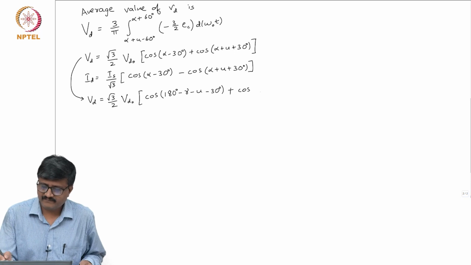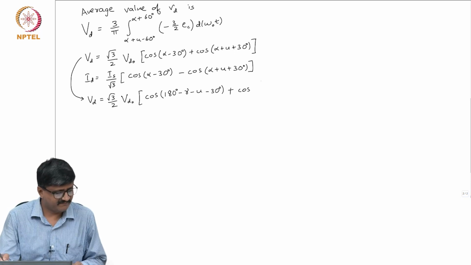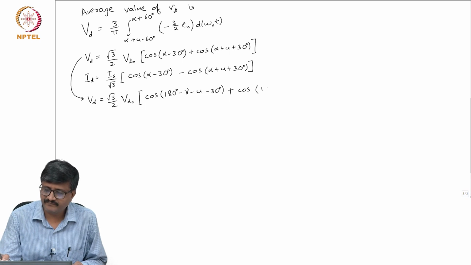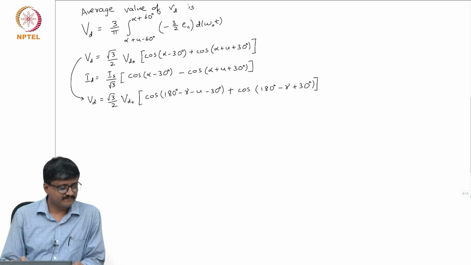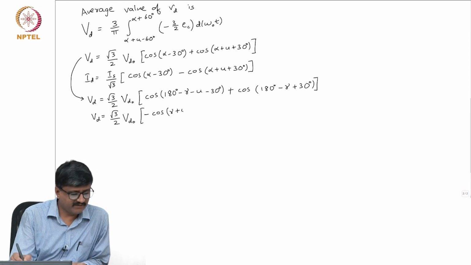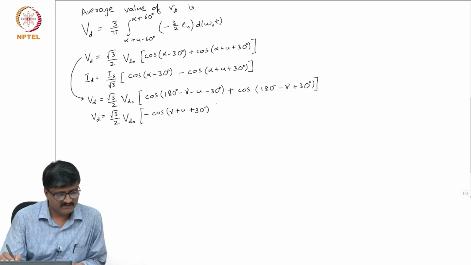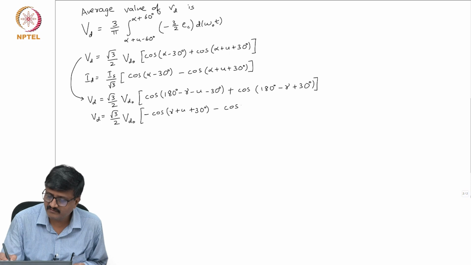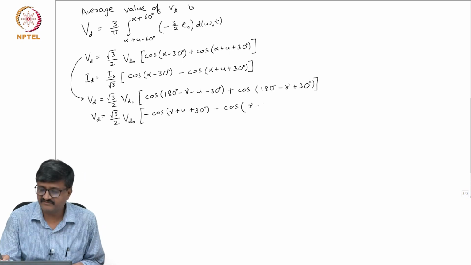Plus, alpha plus u is 180 minus gamma, plus 30 degrees. So, I can write this as Vd is equal to root 3 by 2 Vdo [minus cos(gamma plus u plus 30 degrees) minus cos(gamma minus 30 degrees)].